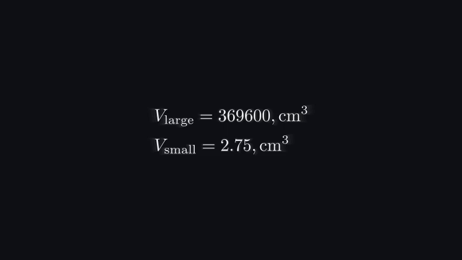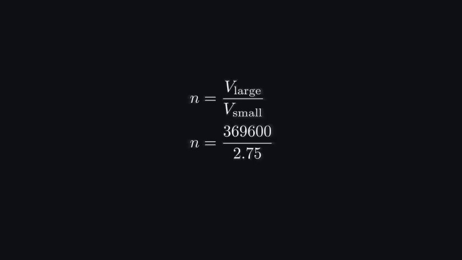V small equals 2.75 cm cubed. N equals V large over V small, which is 369,600 over 2.75, which equals 134,400.